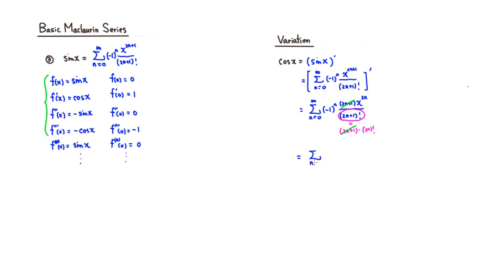It's the summation, n goes from 0 to infinity, of negative 1 to the n, x to the 2n over 2n factorial. Again, this makes sense because cosine is an even function, and you can see that its Maclaurin series only uses even power terms. So those are the Maclaurin series for sine of x and cosine of x. That's it. I hope that this was clear.